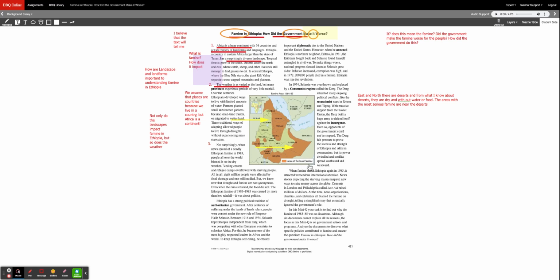That makes sense to me because you need water and greenery in order to have food. I also know that the weather in some way has impacted famine in Ethiopia. Now, my question is, how did the government make it worse? Already, the landscape, which they talk a lot about in paragraph 1, and the weather, which they talk about in paragraph 2, impact famine in Ethiopia.